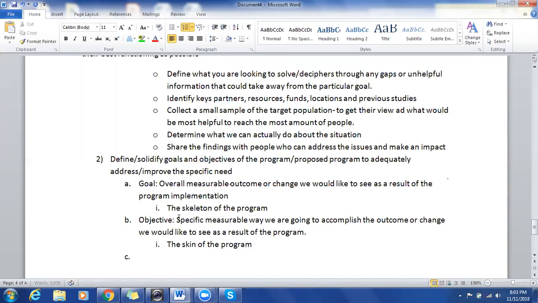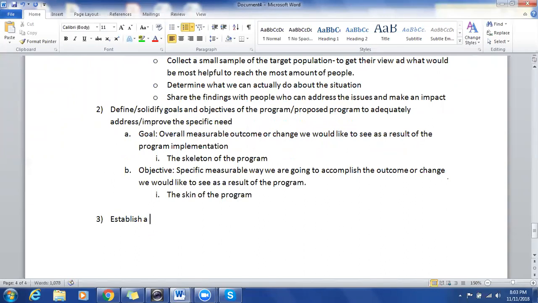And then once we do that, 3 is going to establish a task force or killer team to get the job completed.